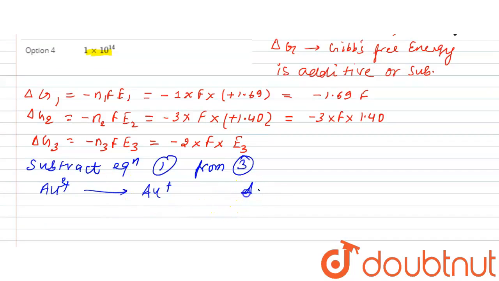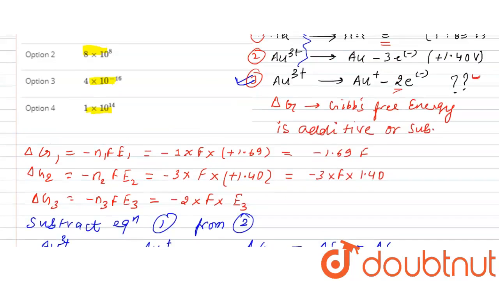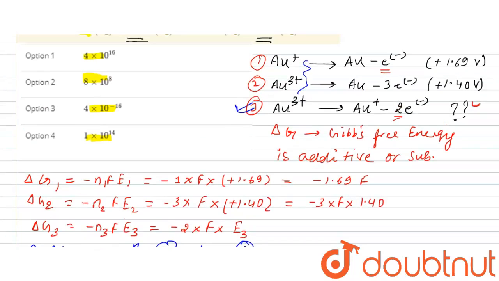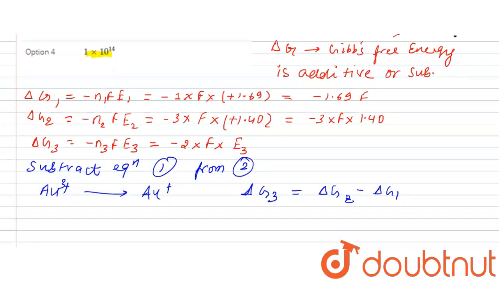Now this will be delta G3, which, since you have subtracted equation 1 from equation 2, can be written as delta G3 is nothing but delta G2 minus delta G1, right? So delta G2 minus delta G1 will be equal to delta G3.